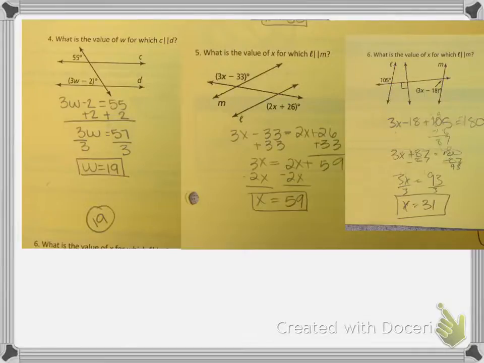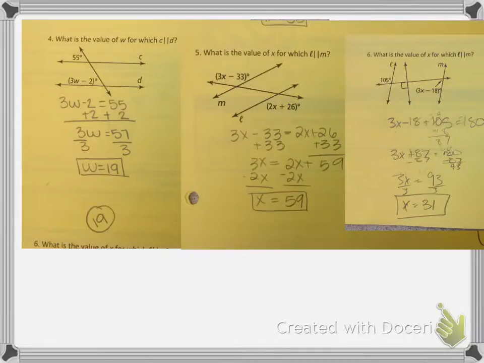Something that I did here, let me fix this. Something that I did on mine, because technically this is an interior angle and this is an exterior angle. So those, we don't really have a theorem for that.